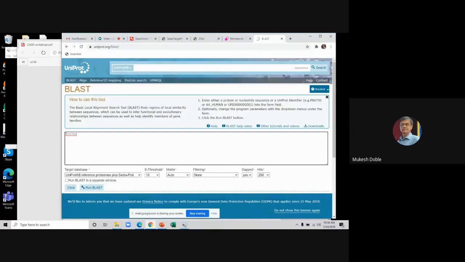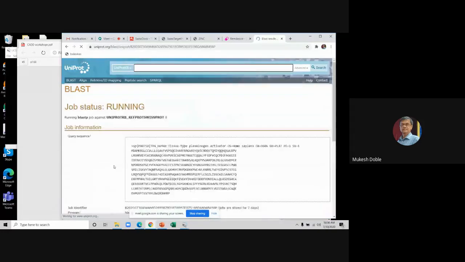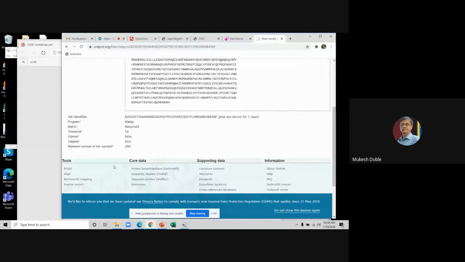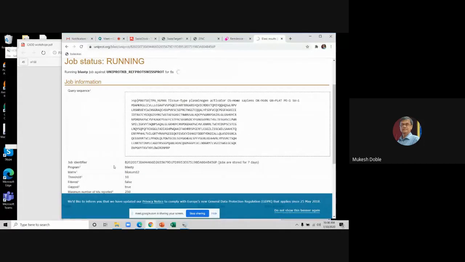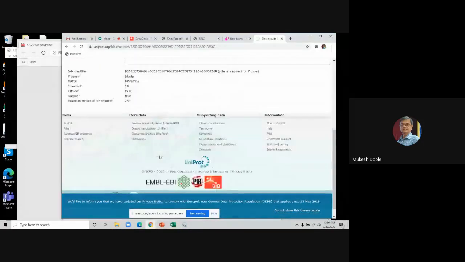But if you have your own protein sequence or a peptide sequence, you can put the amino acids in the box. Then you just say run BLAST, and okay, it's running. It takes a little bit of time to run that.